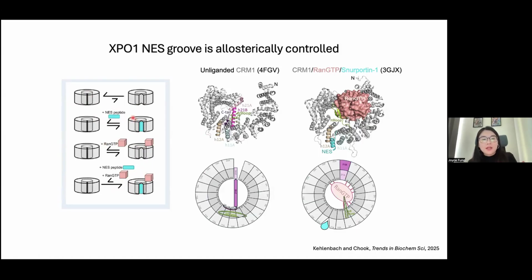And how does the binding of the individual components achieve this? It's because there are 2 allosteric switches that really enable them to couple conformational changes to the groove opening and closing.